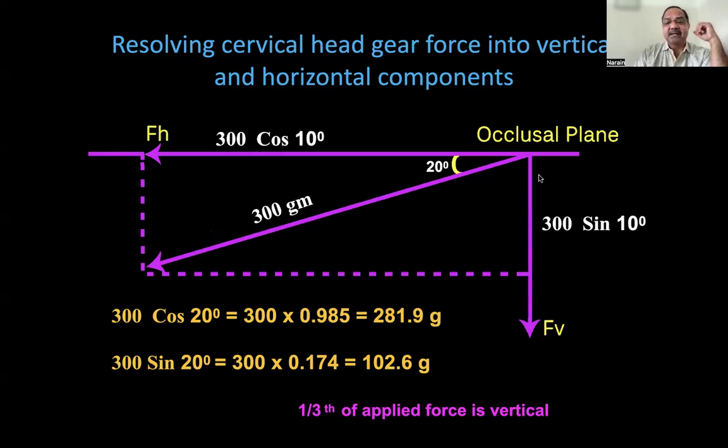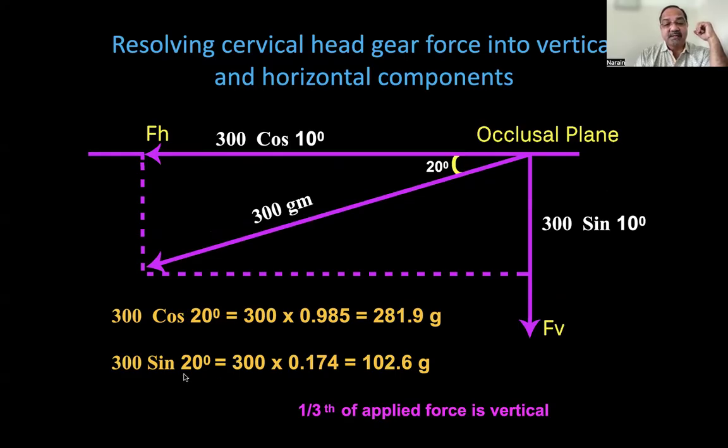This is another example, where this is the direction of force of a cervical pull headgear, and this is the occlusal plane. You have an angle of 20 degrees. 300 grams is the force given by the headgear. So 300 cos 20 degrees is 281 grams, which is the horizontal force generated.